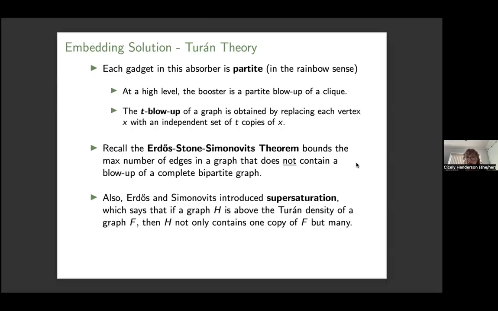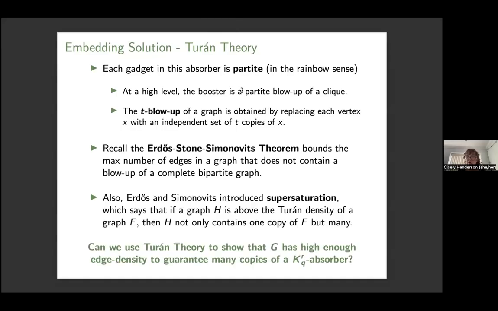Well, this sounds like the right track to go down, because for each of our partite gadgets, we wanted to say that there are many possible places that they exist in this graph. So can we use Turán theory to show that G has high enough edge density to guarantee the existence of many copies of a KQR absorber?